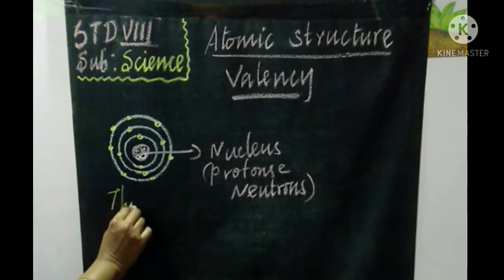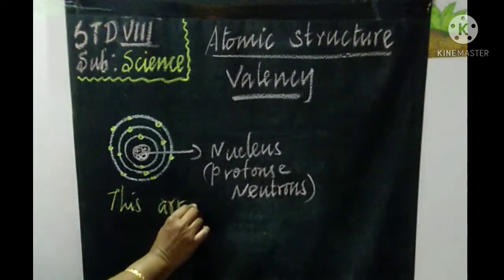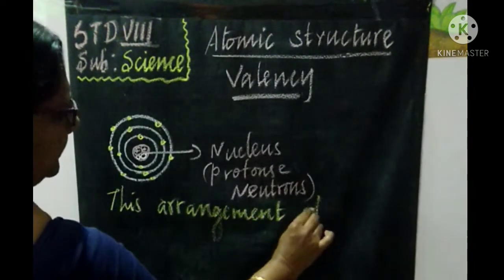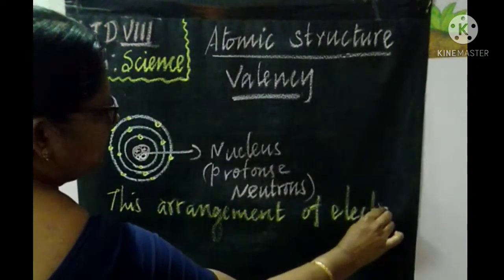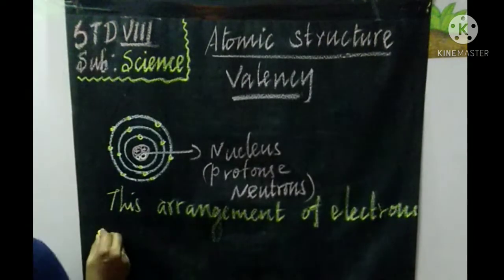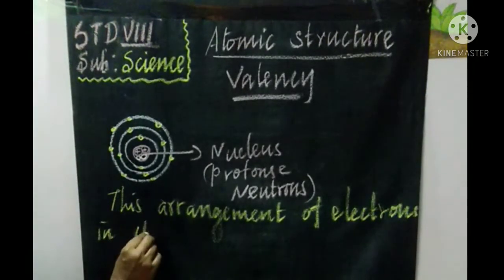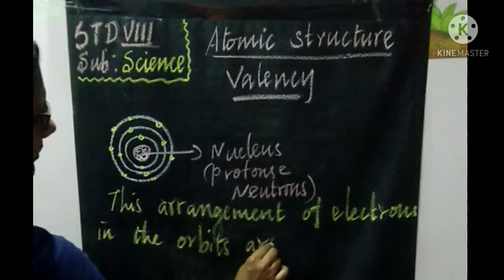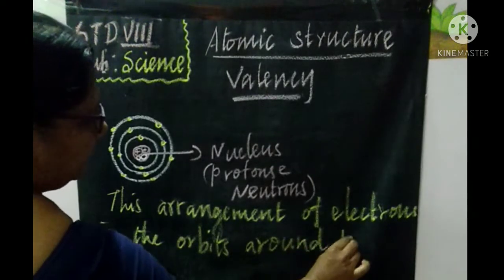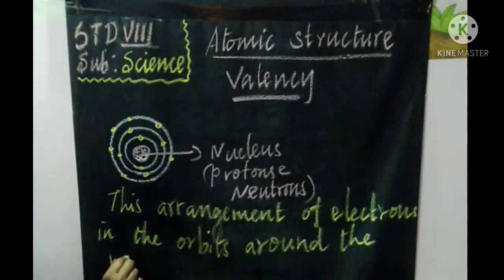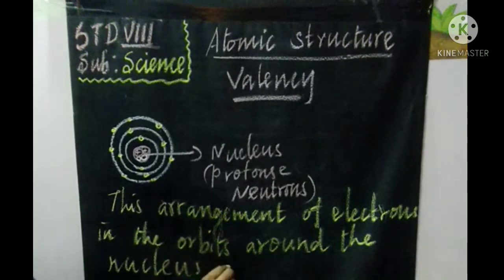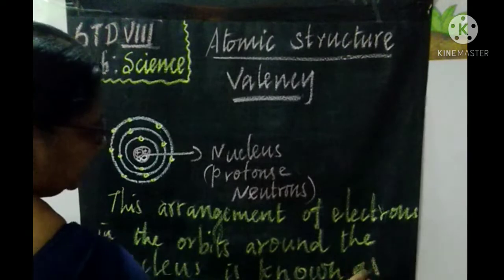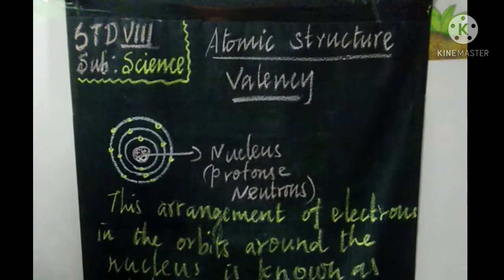This arrangement of electrons in the orbits around the nucleus is known as electronic configuration.